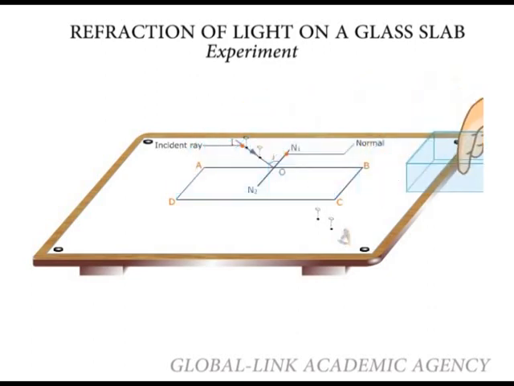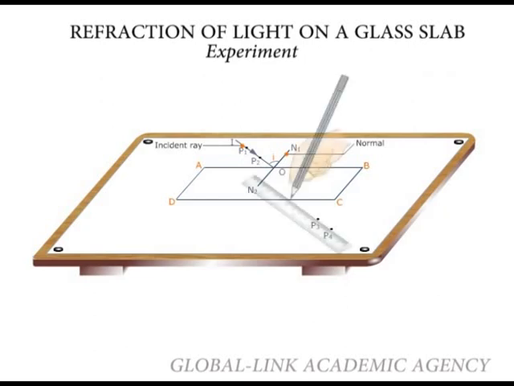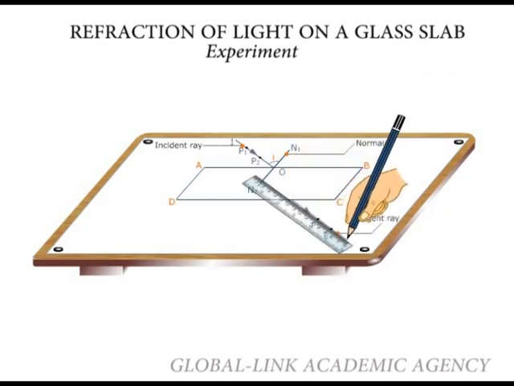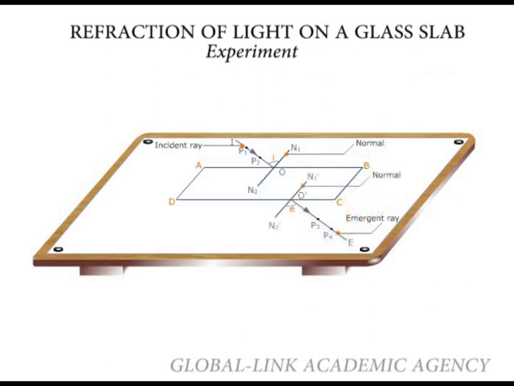Remove the glass block and the pins. Mark the pinpoints P1, P2, P3 and P4. Join P3, P4 to represent the emergent ray O'E. Join O to O'. O O' is the refracted ray.